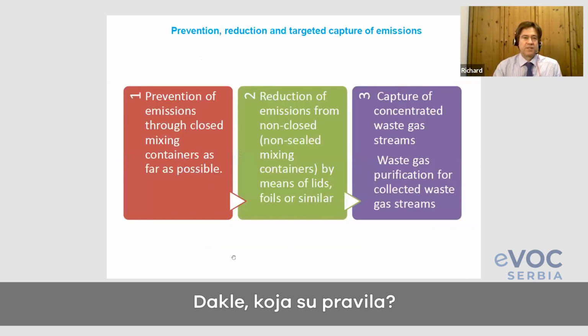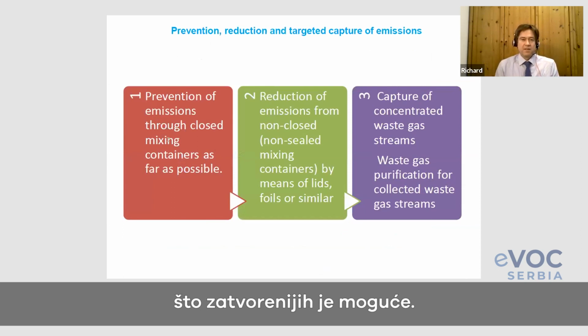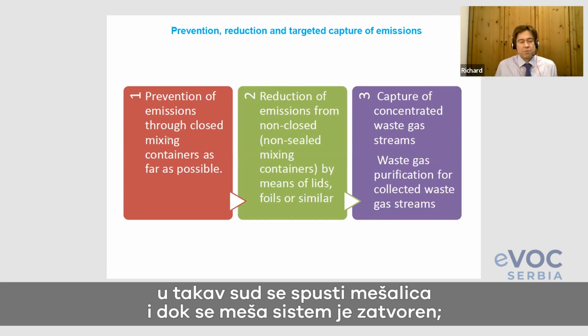So what is the rule? First, try to prevent emissions by using closed mixing containers as far as you can. There are mobile apparatus available on the market, as I have shown you before, where you can just drive with your mobile container, and then this apparatus is lowering, and when you do the mixing, you have a closed container.